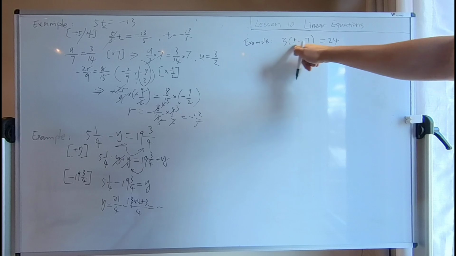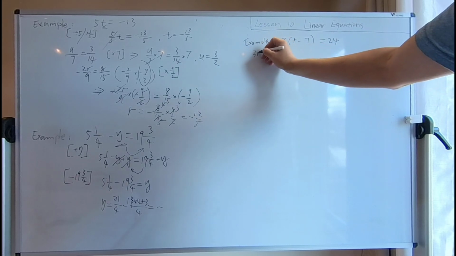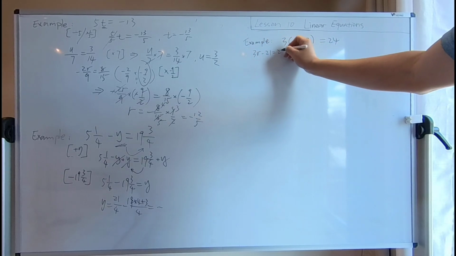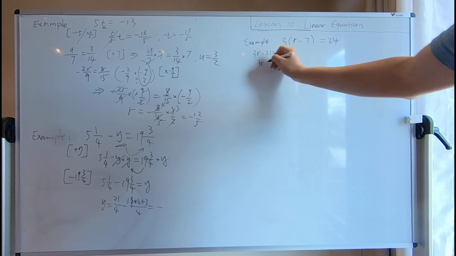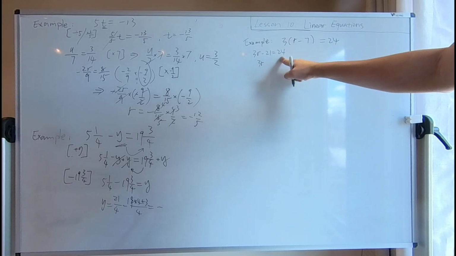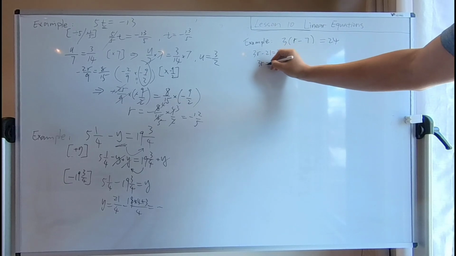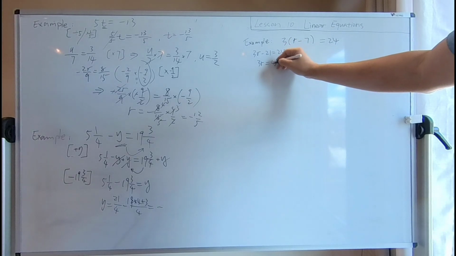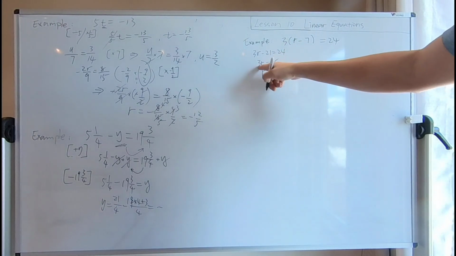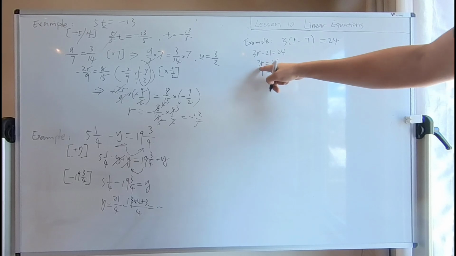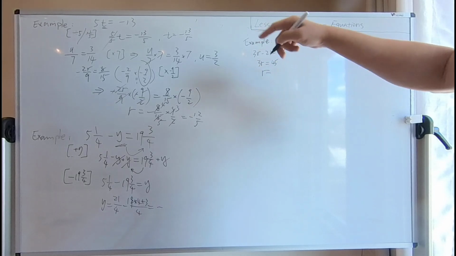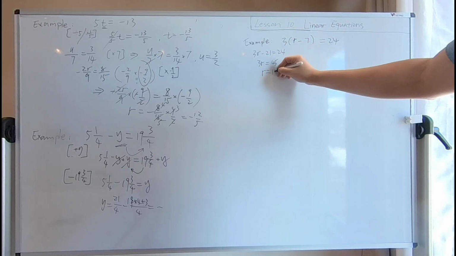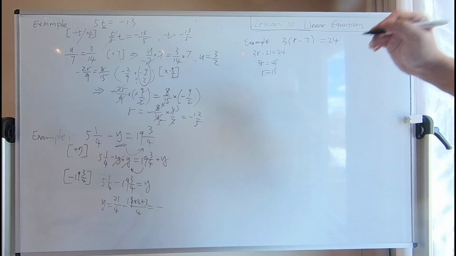If I open the brackets, I will get 3r minus 21 equals 24. And then 3r is, I'm moving this over there, minus 21 becomes plus 21. So 24 plus 21 is 45. And then I'm dividing by 3 on both sides, or 45 divided by 3 is 15, right? So this is one way.